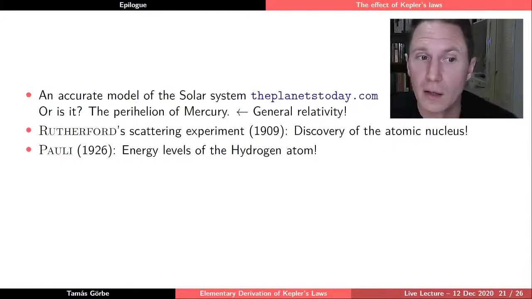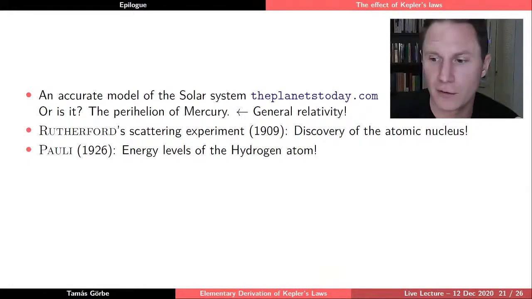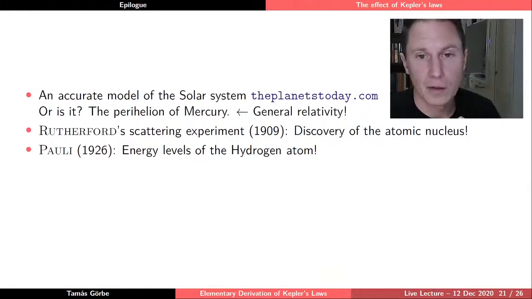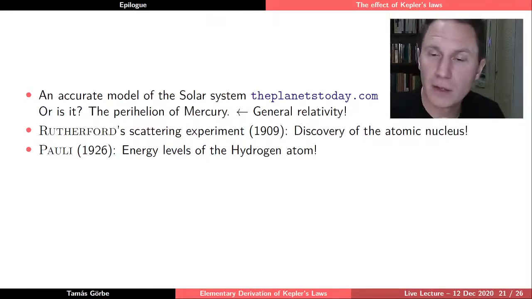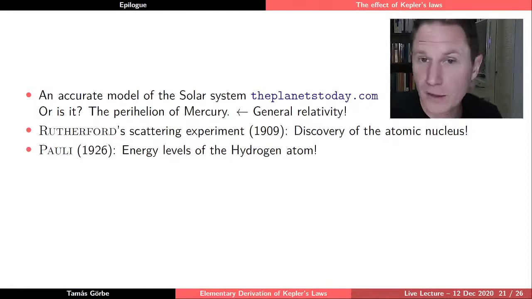And Pauli in 1926 was able to calculate the energy levels of the hydrogen atom, basically using stuff that we did in a quantum mechanical setting. And that was before the Schrödinger equation.